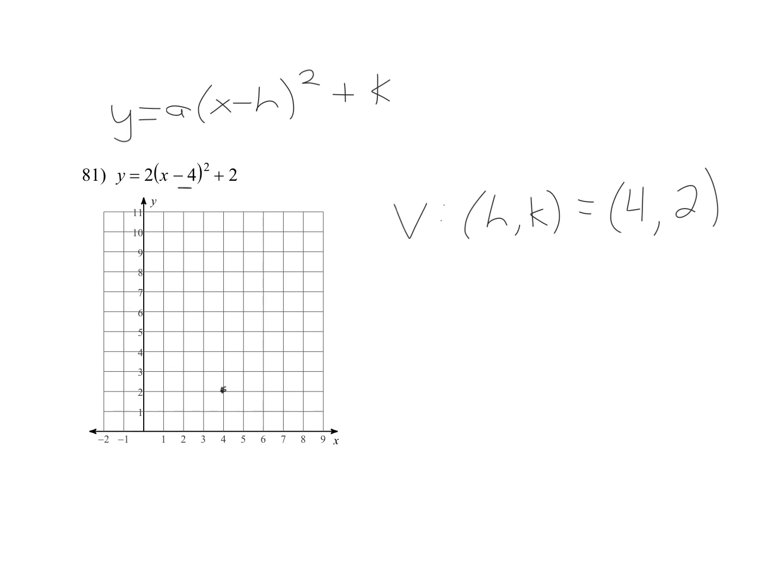And then how do I find the rest? Still use the step pattern. What is the original step pattern? 1, 3, 5, 7. Is it going to change by how much? Yep, that coefficient in front. So again, we have 2, 6, 10, and 14.